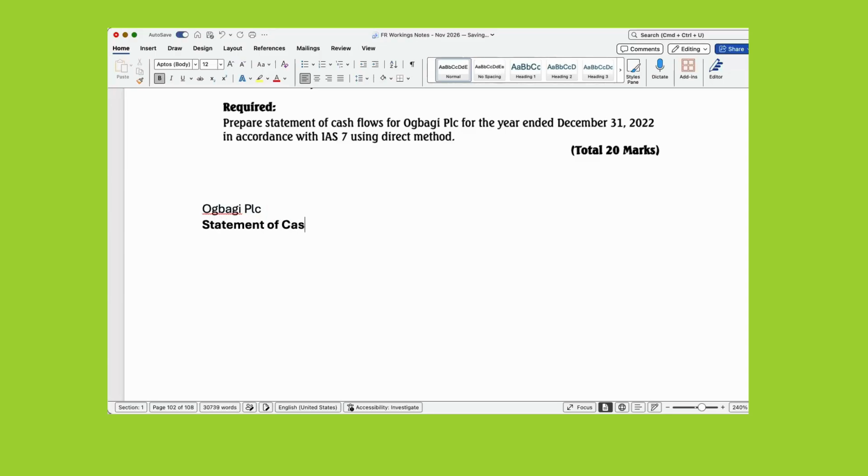Statement of cash flows. We are doing the direct method now. For the year ended December 31st, 2022.